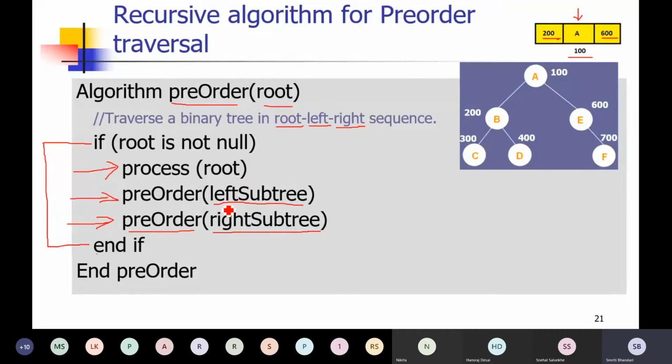Now, please note that whatever is this statement, process root, as I mentioned, we may have different applications for this traversal algorithm. So depending on the application, why we are traversing the tree, the definition of this process would be different.